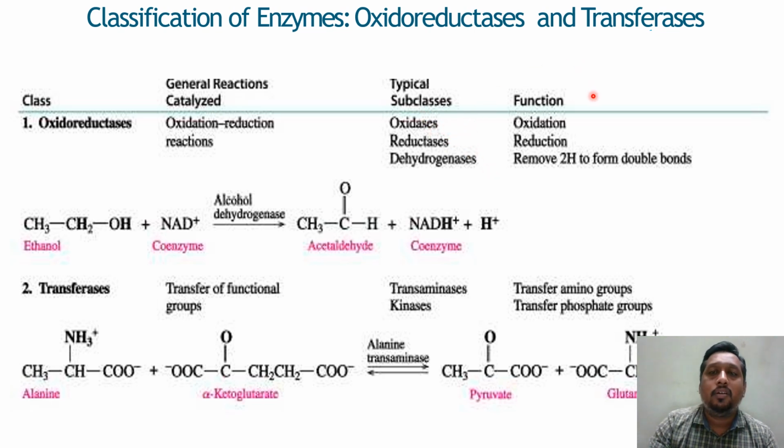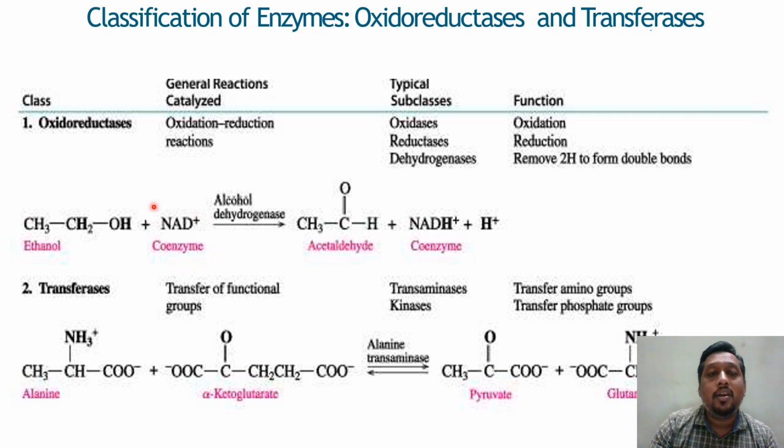The function of oxidases is oxidation, the function of reductases is reduction, and the function of dehydrogenases is to remove two hydrogens to form a double bond. One example under this class is the oxidation of ethanol to acetaldehyde using a particular dehydrogenase, alcohol dehydrogenase, and a coenzyme, which is necessary for a reaction to occur at the active site of an enzyme.